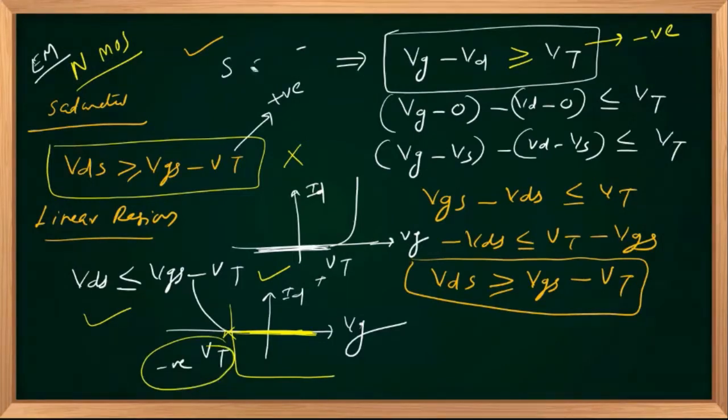So if you are writing for a saturation condition of an enhancement mode P-type device, very simple. VG minus VD, initially it was less than or equal to VT because we are concentrating on this region, zero current region. Now the zero current region is the other side. So VG minus VD should be greater than this negative VT.